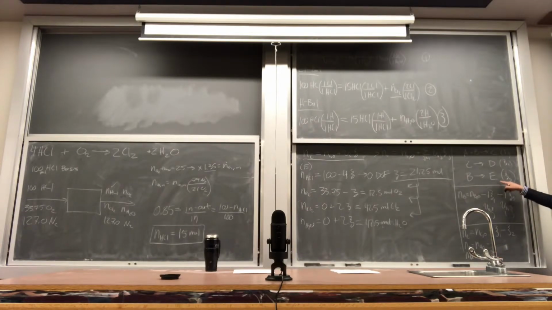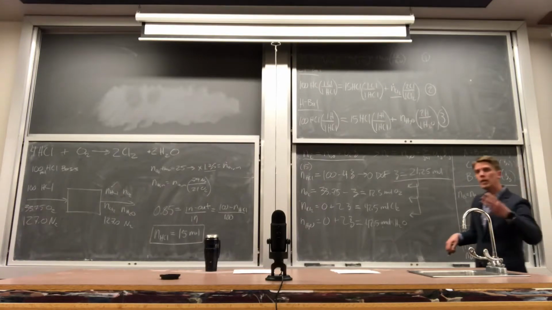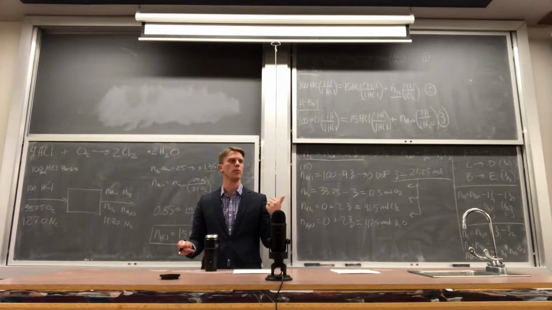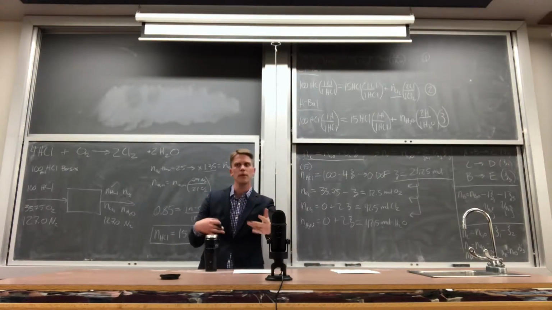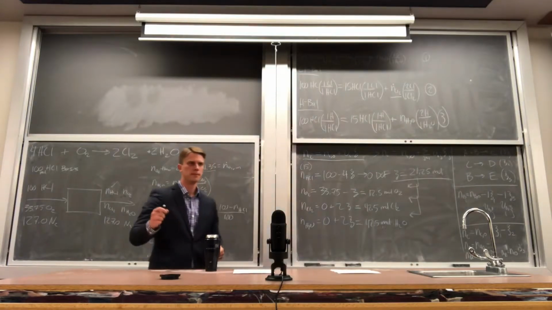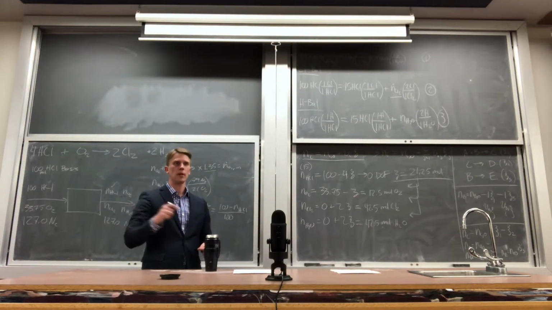And the last one is E. NE is equal to NE naught plus extent 3. So we need 3 pieces of information to balance that particular example. Right? So we need conversions or some outlet flow rates or some piece of information to make us through the system. Any questions?